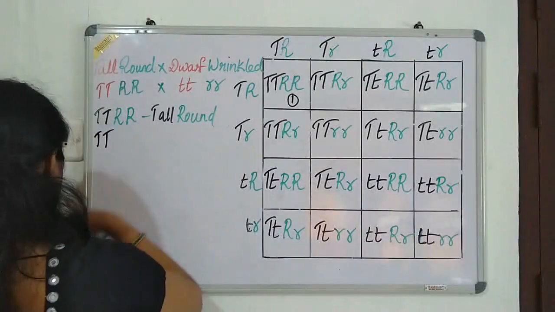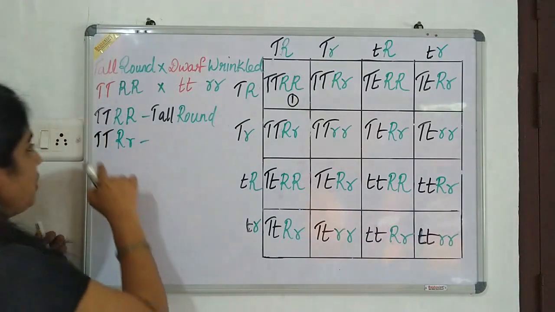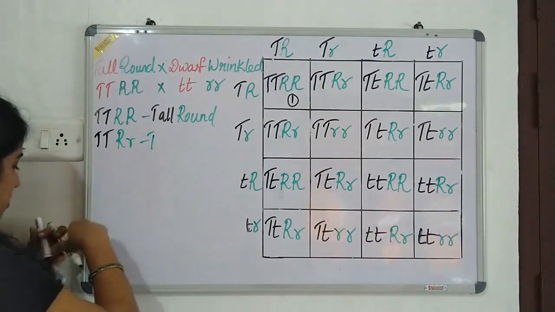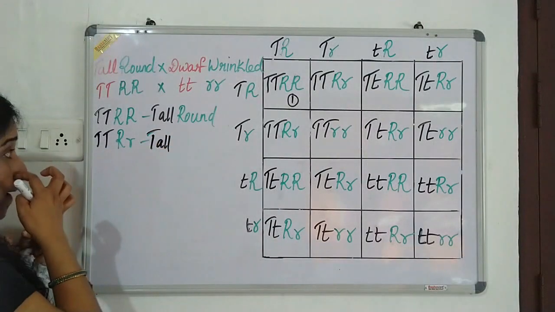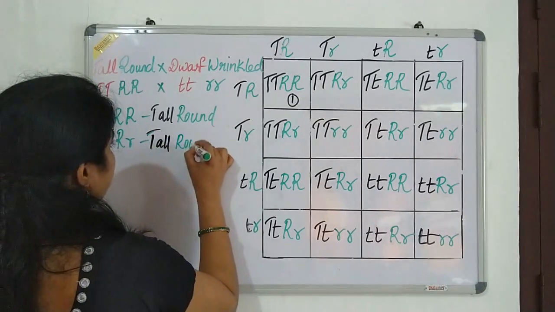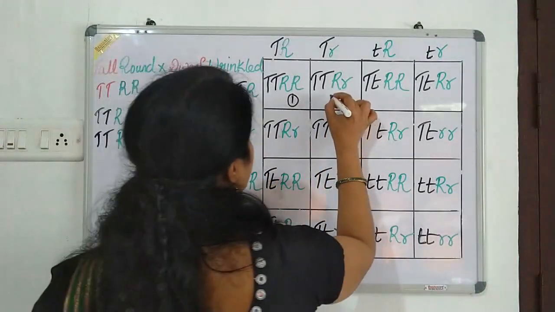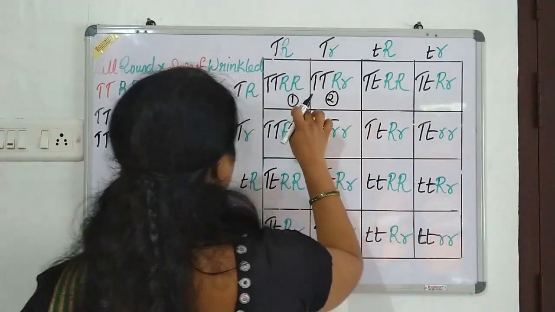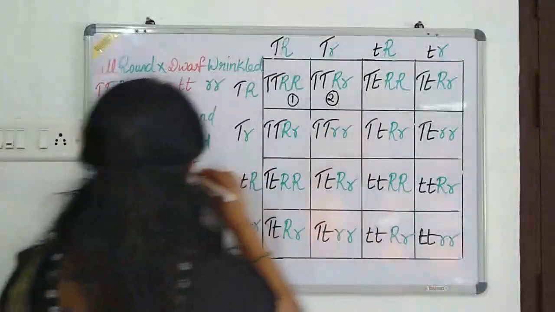Capital T, capital R, small r. As we know, of course it is tall, and capital R, small r is what? Yes, it is round. So 1, 2, I'm writing the numbers of tall, round. See this one.